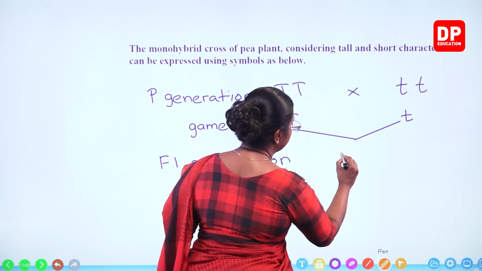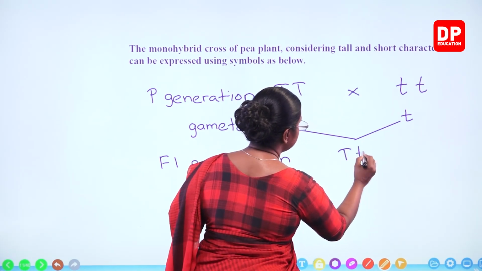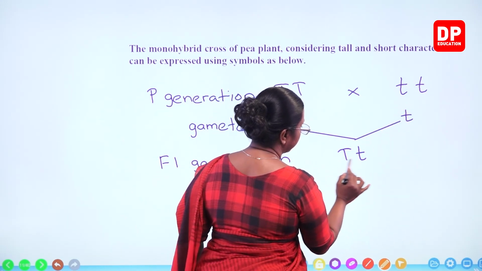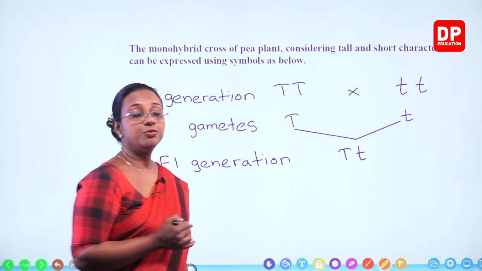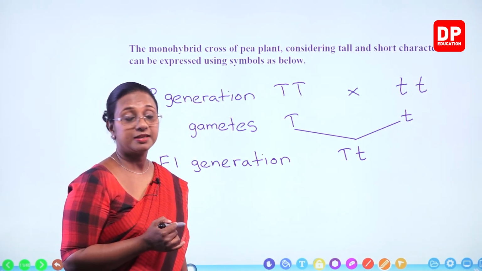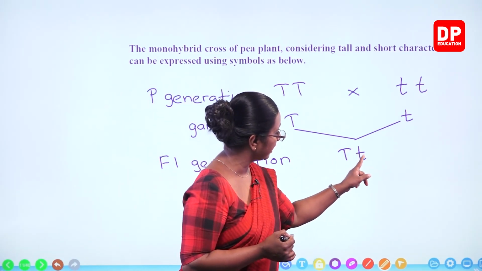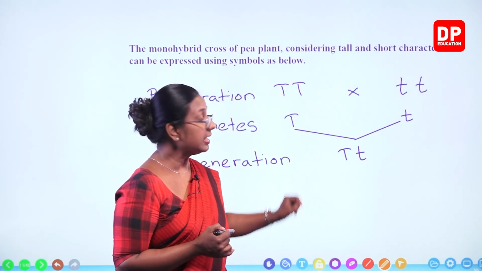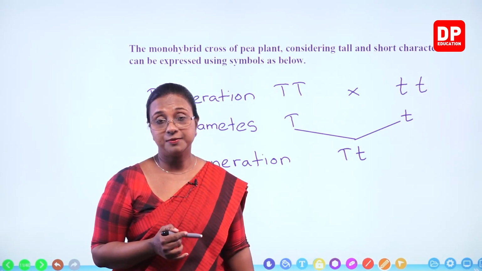Then we will get capital T, simple t. Gamete from this plant, gamete from this plant. When they combine, you will get a mixed character, where one is tall character, the other one is short character. So that is a heterozygous plant.